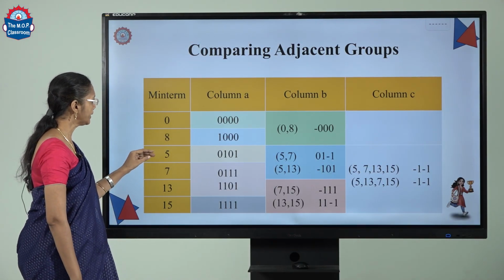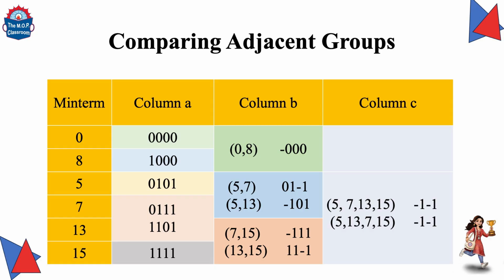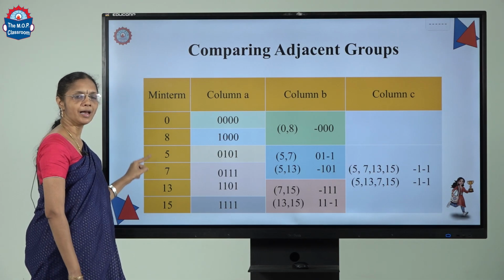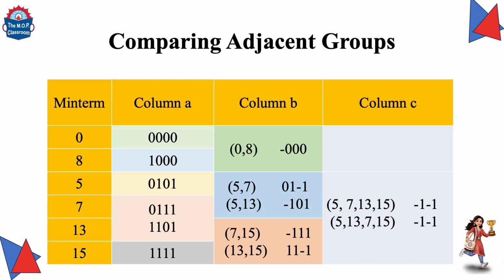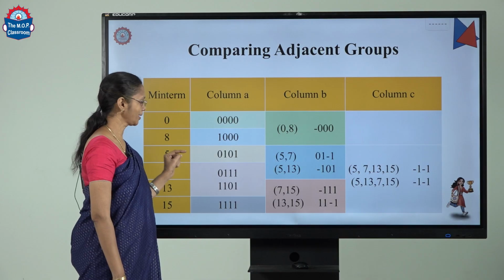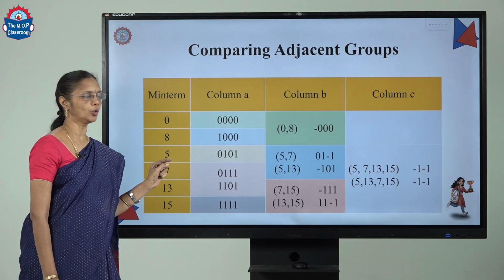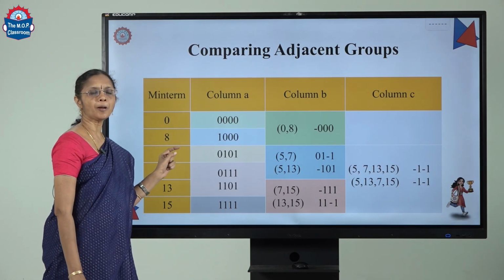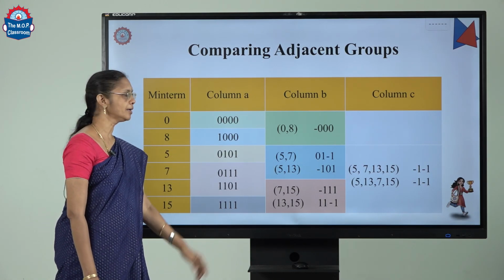So here in the next group you have 5 and 7, 13, because 7, 13 forms a single group. So we will be comparing 5 with 7 and 5 with 13. So here when you take 5 and 7, they differ by only one bit. So that bit position is marked with a dash.